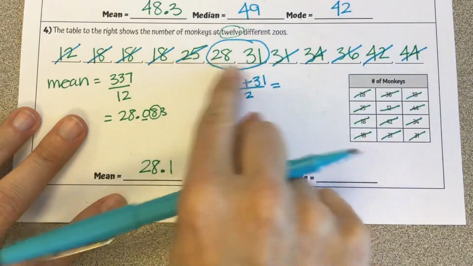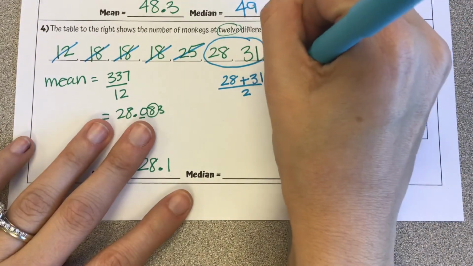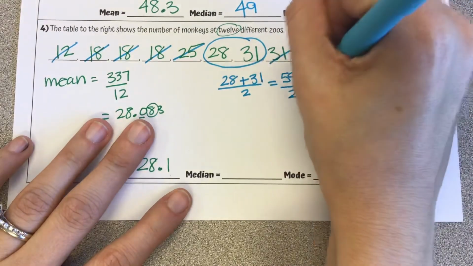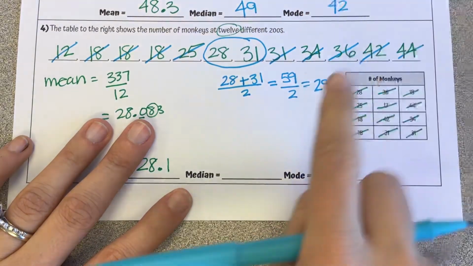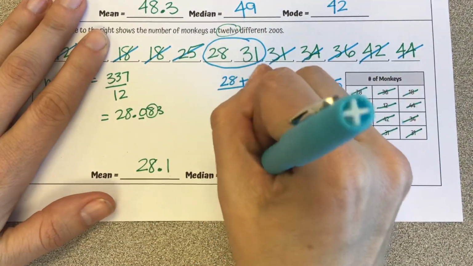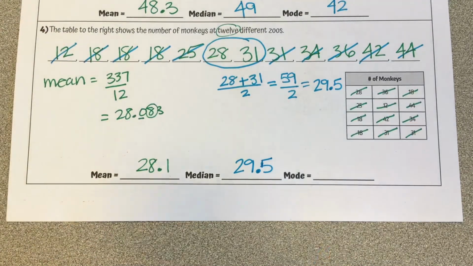Our number should be somewhere in between those two. 28 plus 31 equals 59. 59 divided by 2 equals 29.5. That is in between those two. It makes sense. And then mode, what occurs the most often?